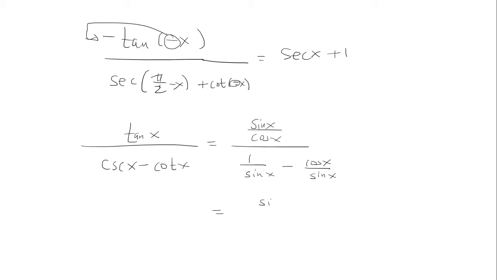In the denominator, we have 1 over sine minus cosine over sine. They both have a sine in common, so I can subtract those and get 1 minus cosine of x over sine of x.